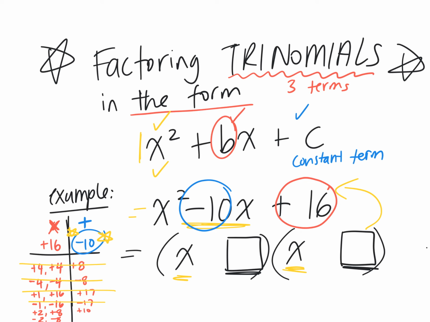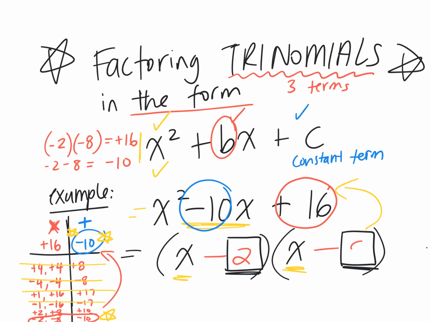Positive 10. Does that work? No. What's negative 2 plus negative 8? Negative 10. That's the answer. Negative 2 times negative 8 gives me positive 16, and when I add them together, I get negative 10. So that's it. The factors are going to be negative 2 and negative 8.